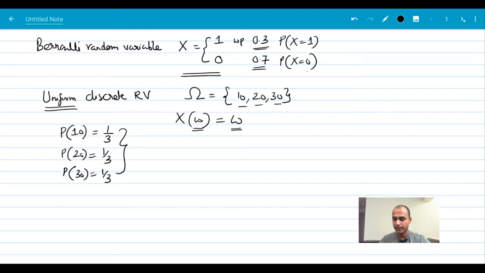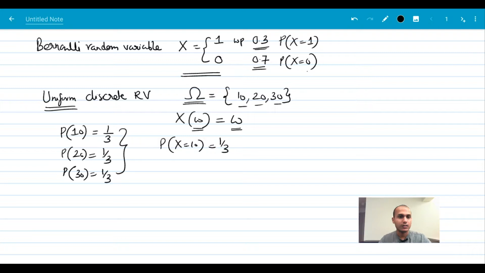I divide the probability, which has to sum to 1 for the sample space, into equal parts. So that's why it's 1/3, 1/3, and 1/3. Since the random variable is an identity random variable, the probability of x equal to 10 is also 1/3, and so on for the other two as well. So this is a uniform random variable.